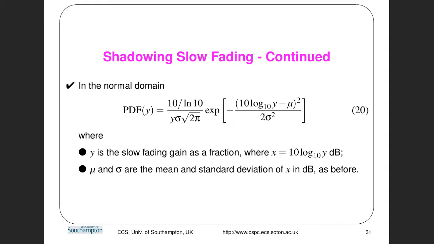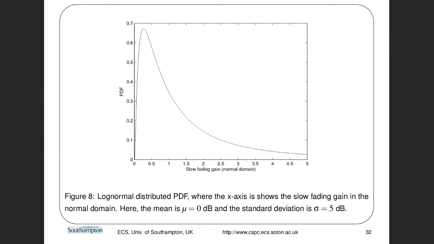It was a log-normal distribution because the x-axis was in decibel. If we don't want to look at decibel, we convert it to the normal domain, so the variable of this PDF is in the normal domain. After this transformation, the PDF becomes like this. The value 1 here is a boundary.